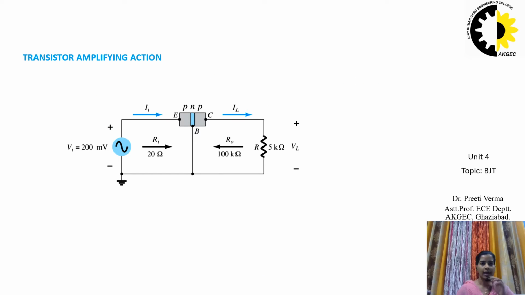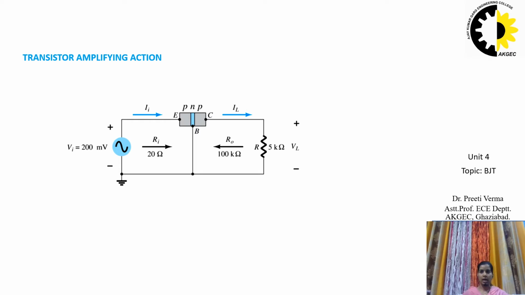Transistor amplifying action. If we see the figure, for example, a PNP transistor has been taken with three terminals, emitter, base and collector. The input side voltage is 200 millivolts and towards the collector side we have a resistance of 5 kilo ohm. The output resistance seen from the output side is 100 kilo ohm and the input resistance seen from the input side is 20 ohm.